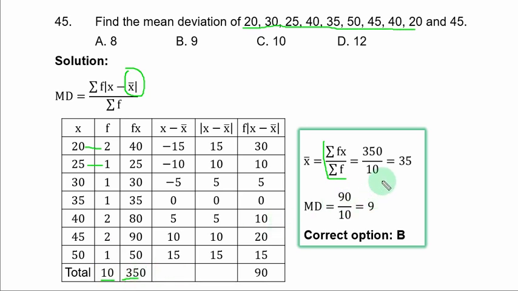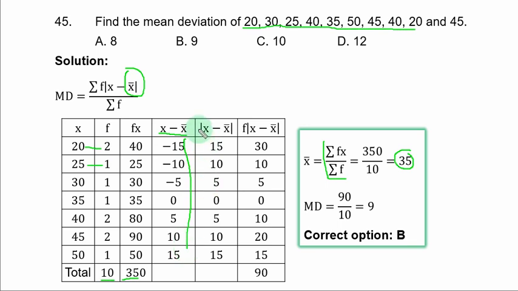Therefore, the mean is 350 over 10, and that is 35. So for the mean deviation, you have to calculate s minus s bar first. So you have 20 minus 35, that is minus 15. You subtract the mean from each value of s, and that gives you this column.